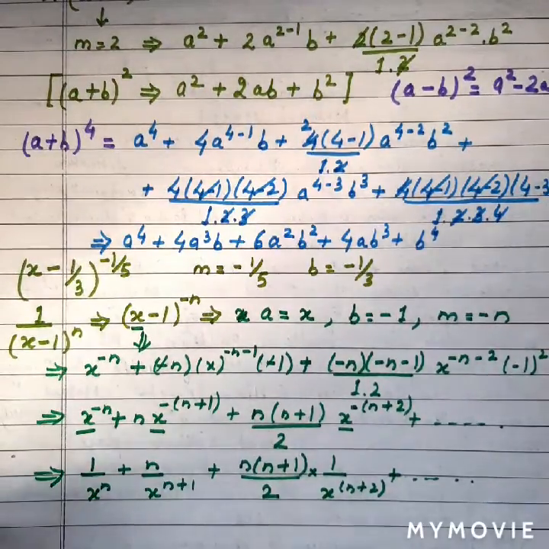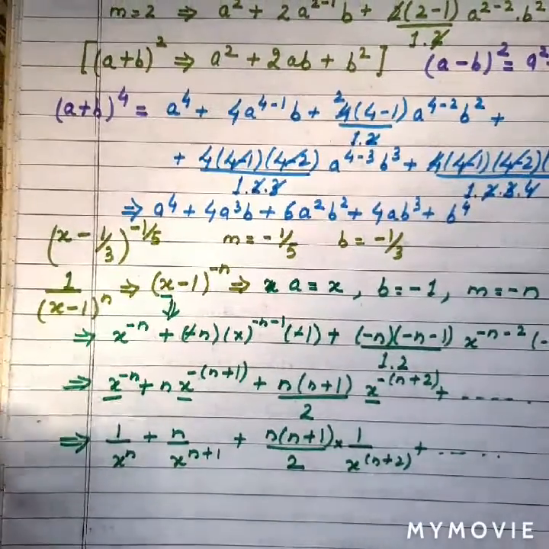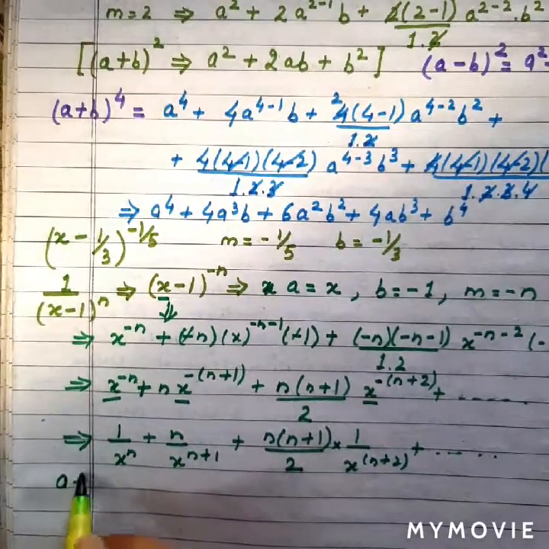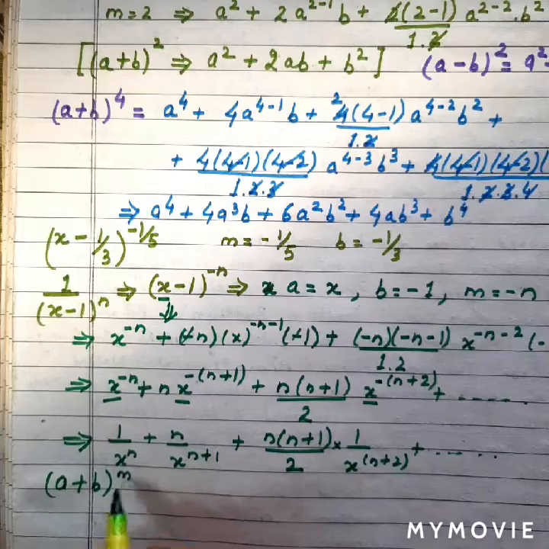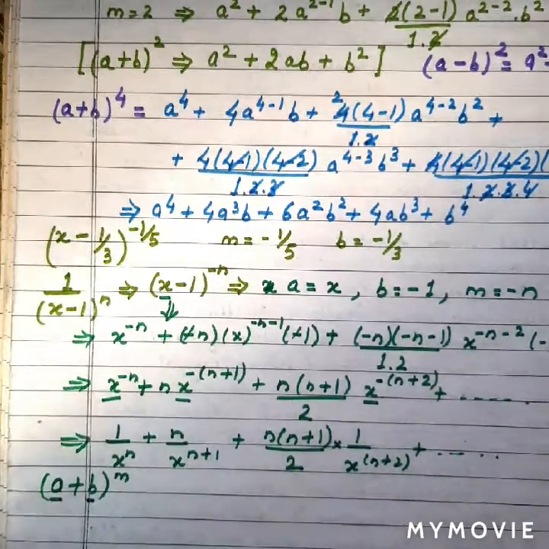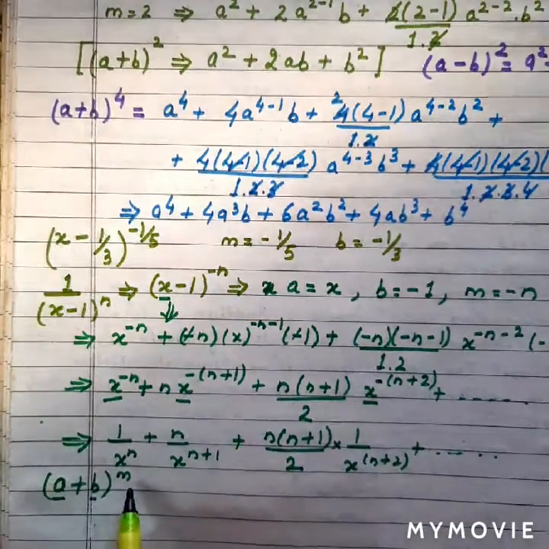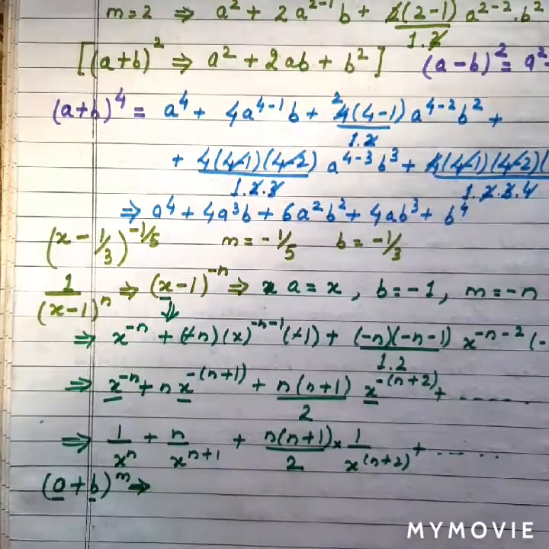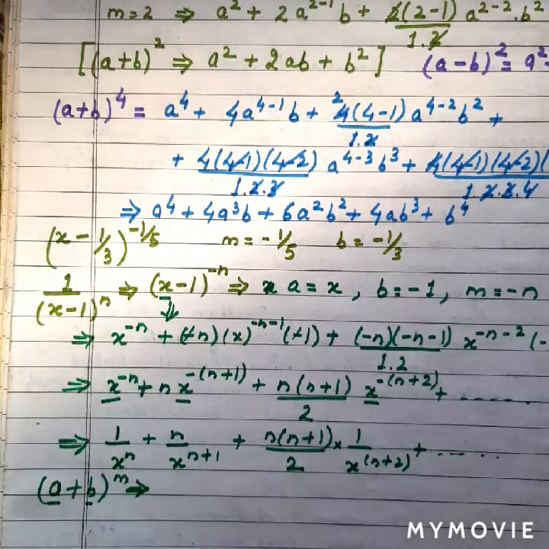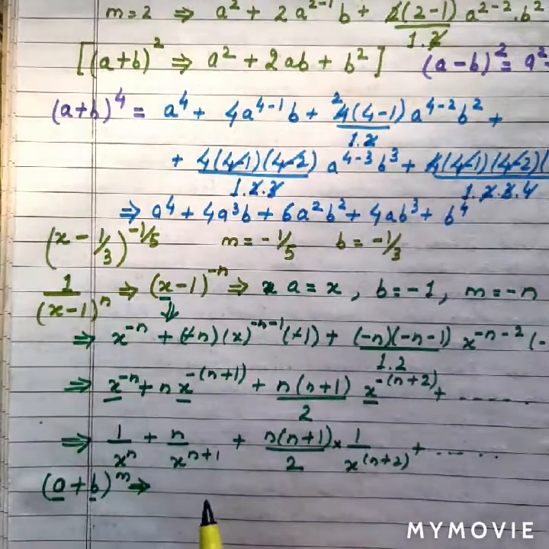So this is all about how to solve any type of expression of the form a plus b raised to power m. It can be a fraction, integer, negative integer, positive integer, so you can expand any type of expansion, fine. So just for practice I want to give you some problems.